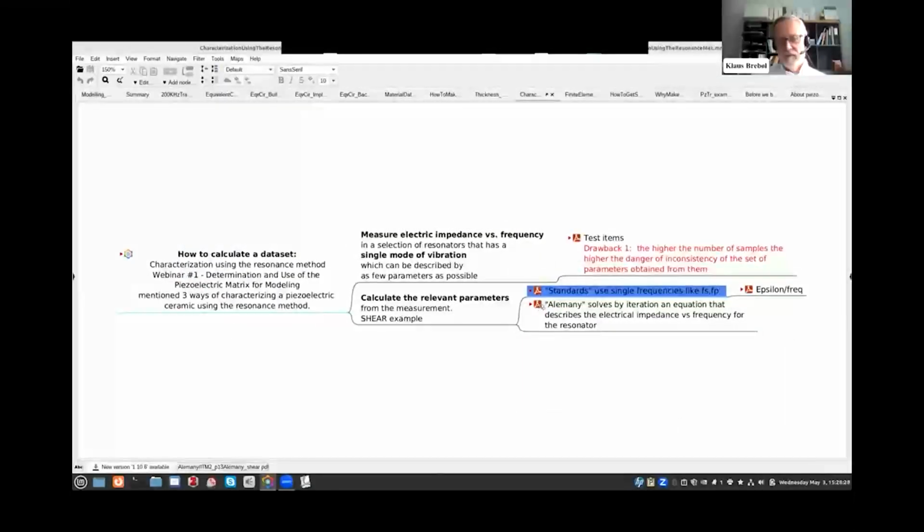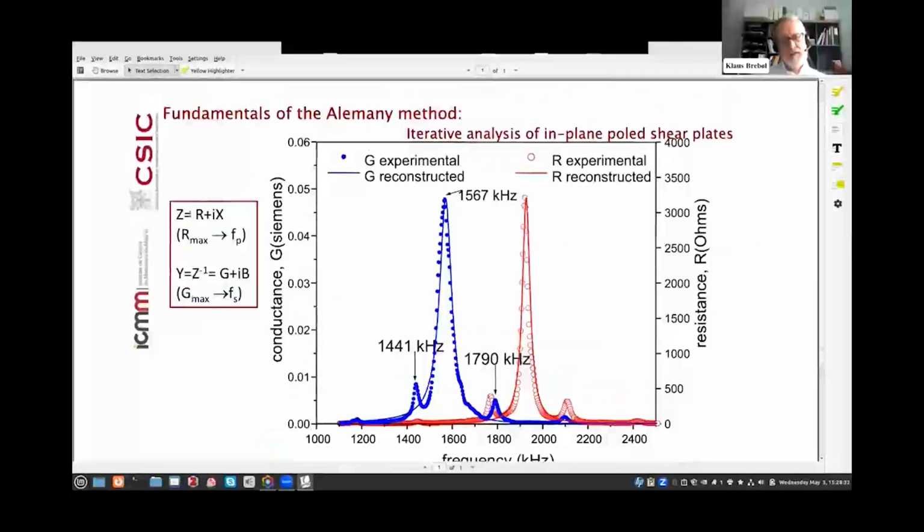What Erling mentioned as the Alemanni method is using the same complex impedance measurement, but instead it's looking at the two peaks given by the real part of the admittance and the real part of the impedance.